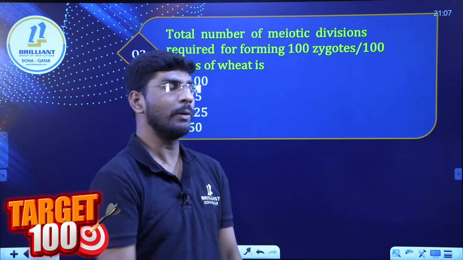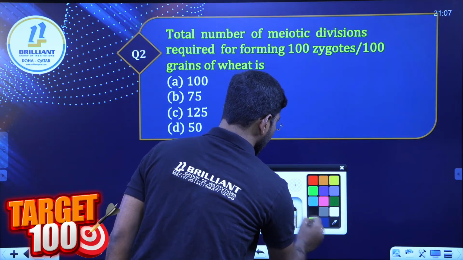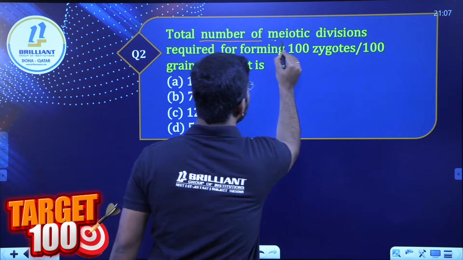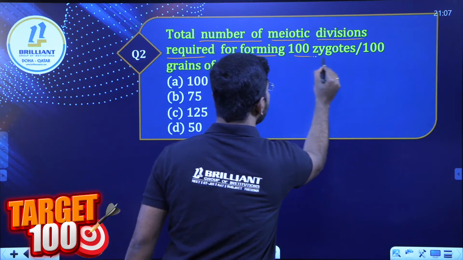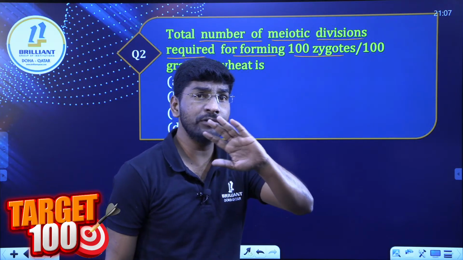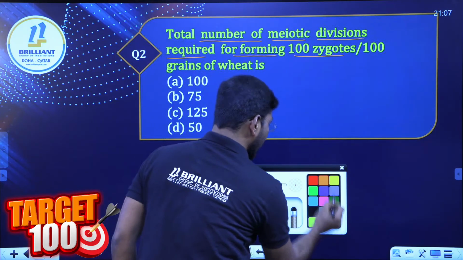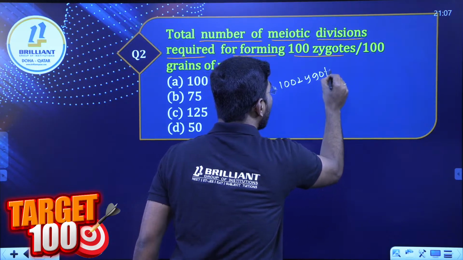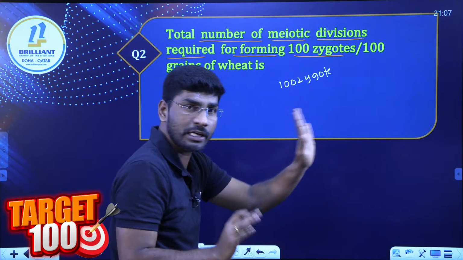The question says: the total number of meiosis divisions required for forming 100 zygotes or 100 seeds. Zygote forms after fertilization.